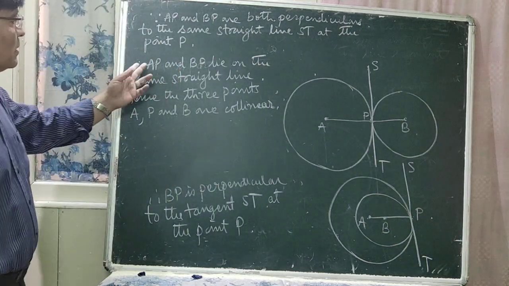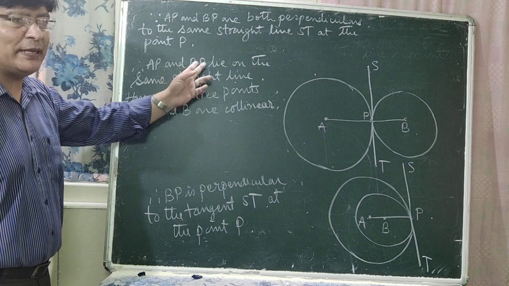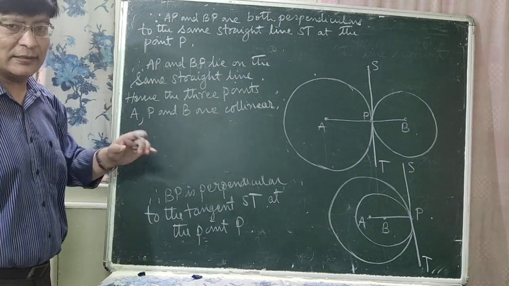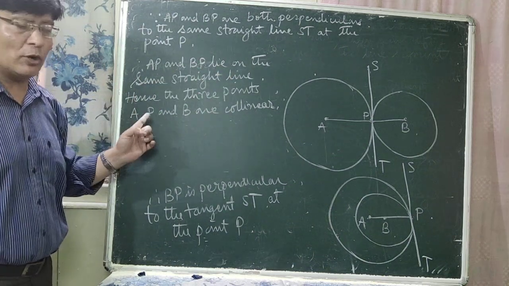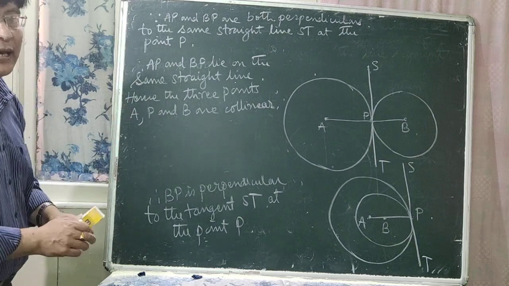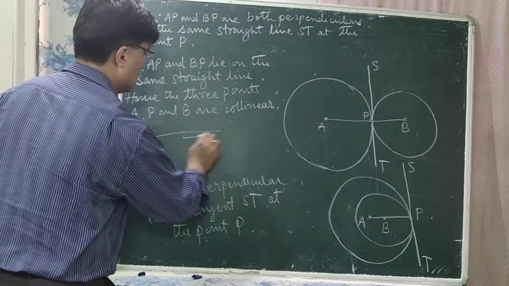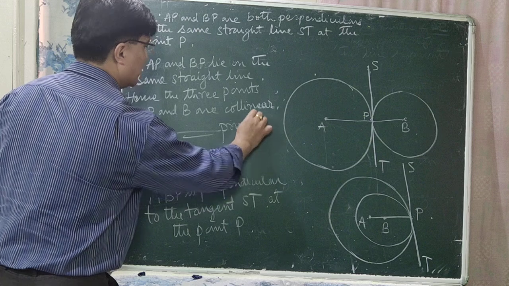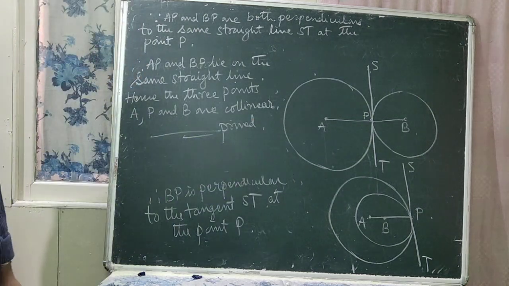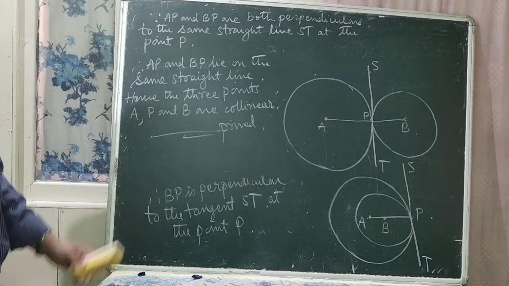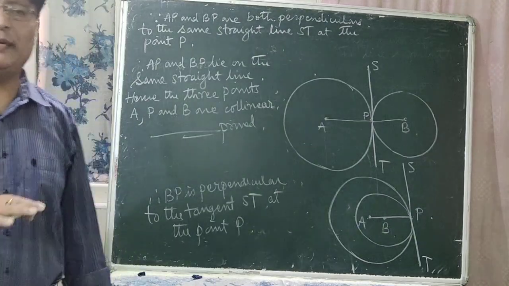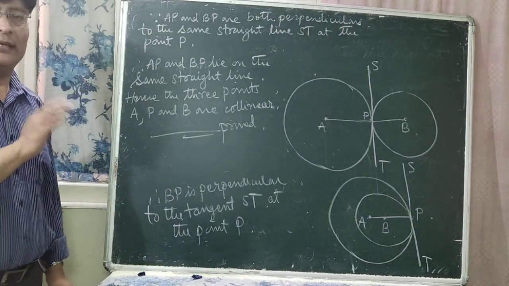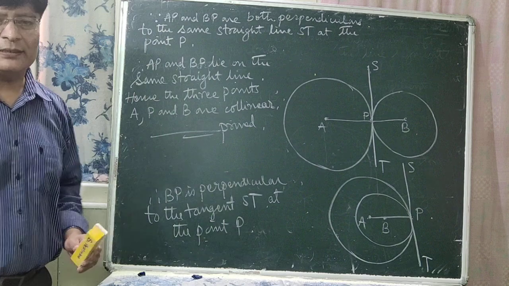That is, since AP and BP lie on the same straight line, the 3 points A, P and B are also collinear. That means they lie on the same straight line. Collinear means A, P and B lie on the same straight line. So we have proved the theorem.